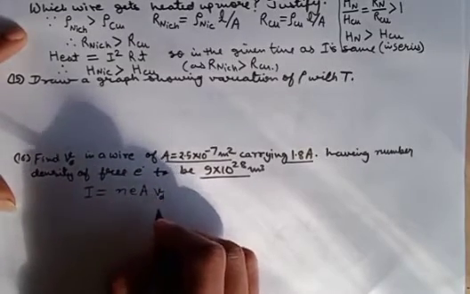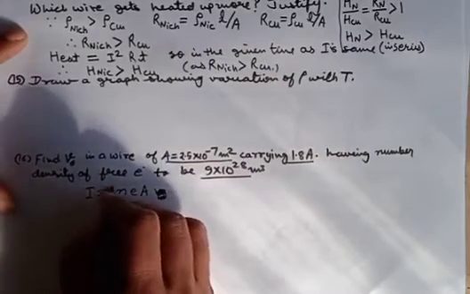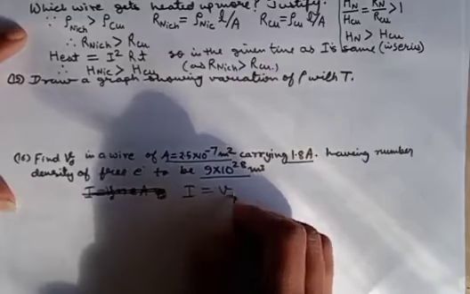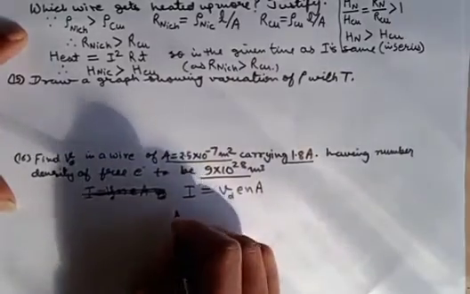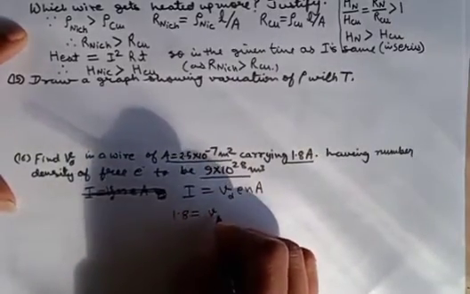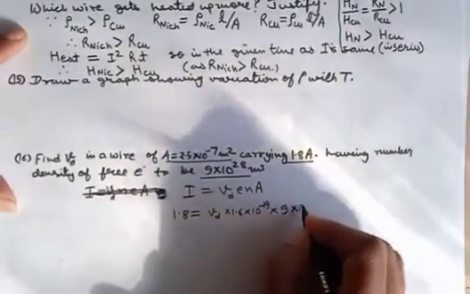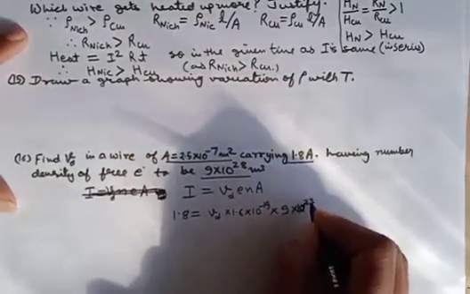Anyway, I equals n e A vd, or to memorize, the memorization technique says VNA. I equal to VNA. So I is 1.8, vd we have to find, e we know 1.6 into 10 to the power minus 19. n is given, so no worry about this question, because everything is given in a fair way.